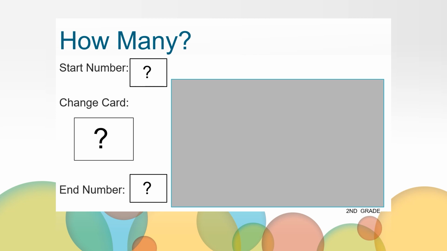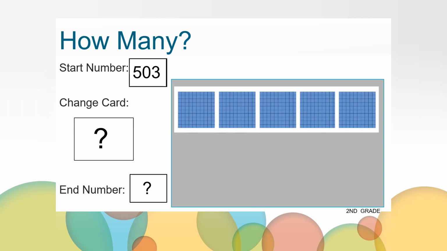We're going to start from a new number, 503. What would that number look like? Draw it on your paper. There's 503.